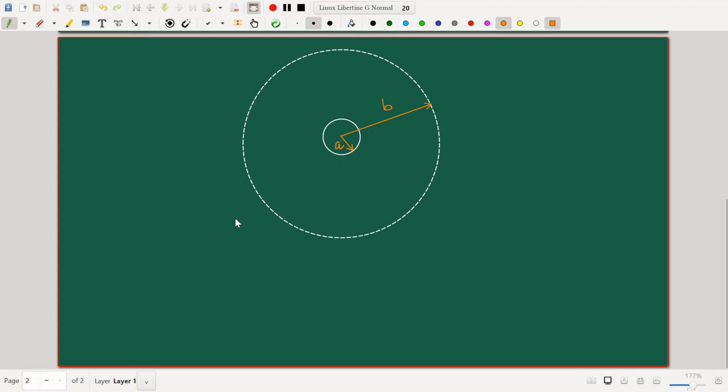Now, for now, I will not say anything about the relative magnitude of B or A, but ultimately what I have to do is to make this B tend to infinity. Okay, basically I want to make B much larger than A. So what I'm basically doing here is this.